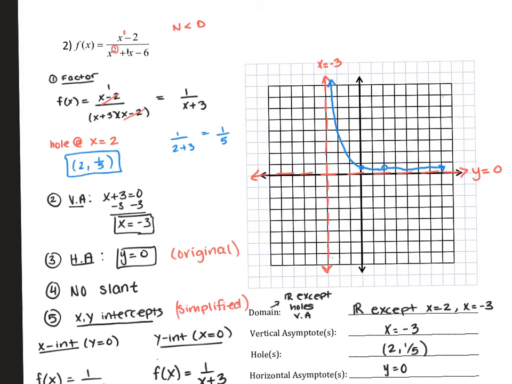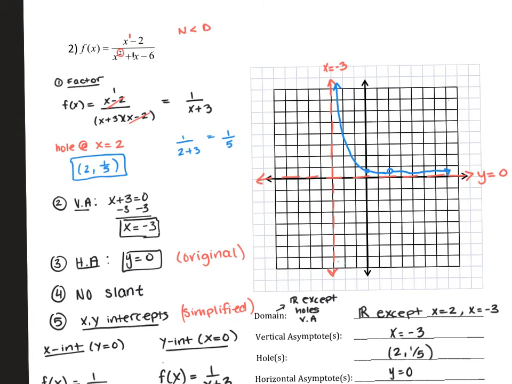So since we don't have enough information, we don't know if it's going to be here or here. So this is where we may need an additional point. We want to figure out where the graph is over here. So let's say -1, -2, -3, maybe -4, -5, -6. You could use any number you want. I'm going to choose -4. And I'm going to see if it's above the x-axis or below the x-axis.